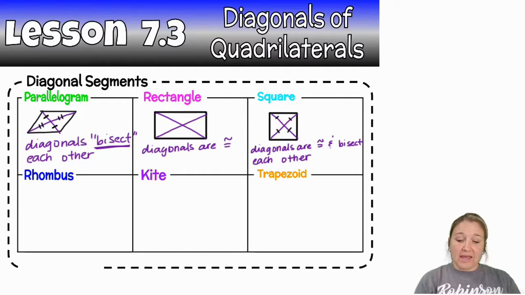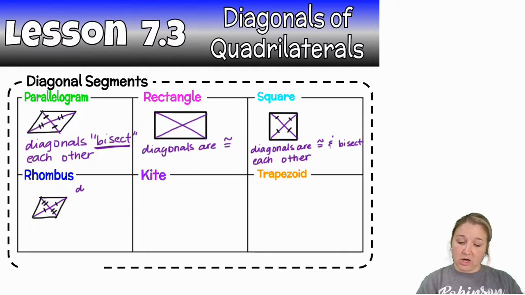All right, let's look at a rhombus. If you remember, a rhombus is what I would consider a square parallelogram where all the sides are the same. And so our diagonals are going to bisect each other as well, which means that this piece is equal to this piece and this piece is equal to this piece.